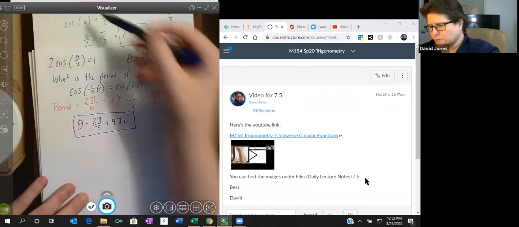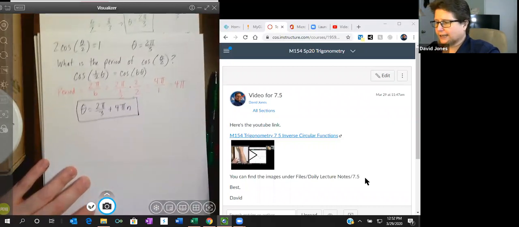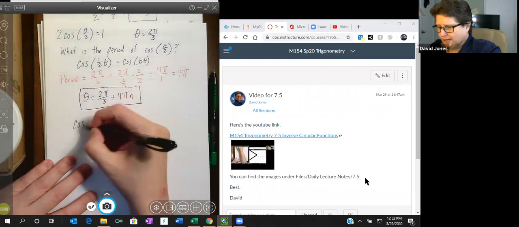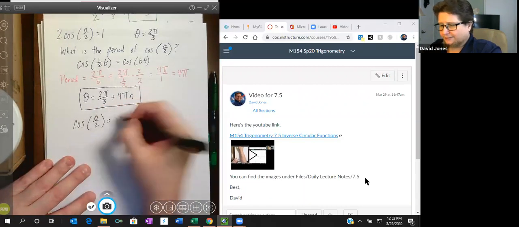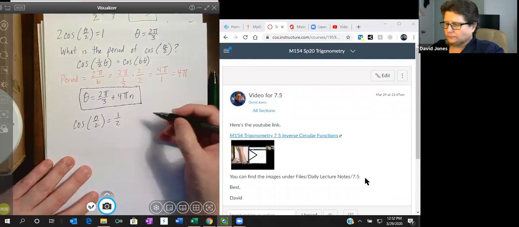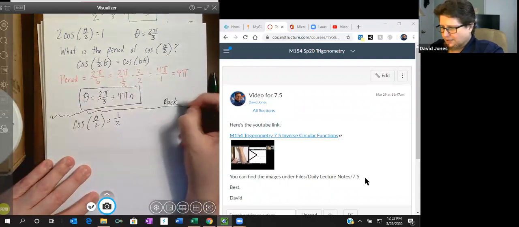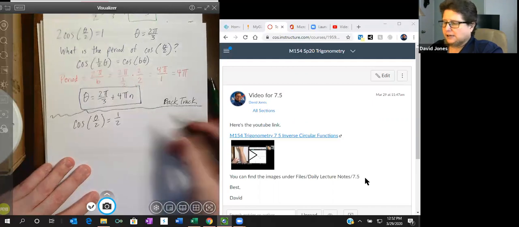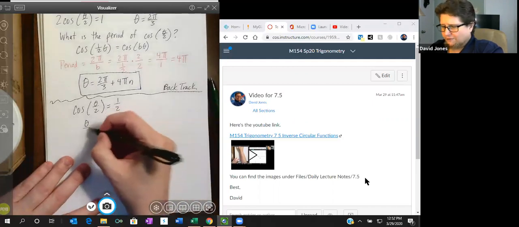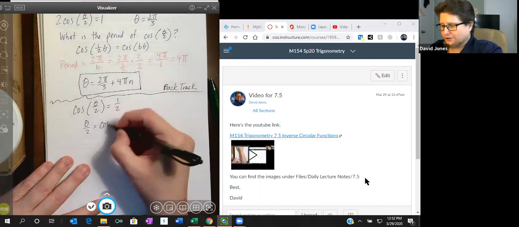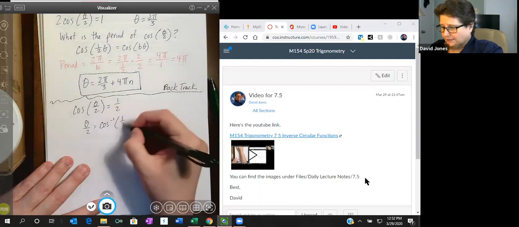Now, let's go back to that. I want to give you another approach to look at. We had cosine of theta over 2 equaled 1/2. So this is backtracking a little bit. Another approach to take a look at. This is the same as saying theta over 2 equals cosine inverse of 1/2.